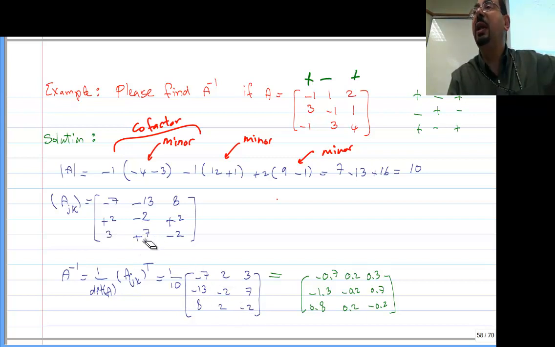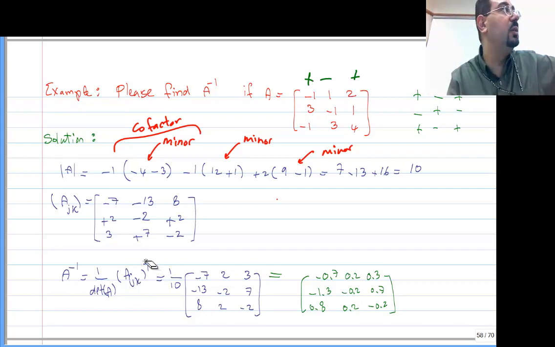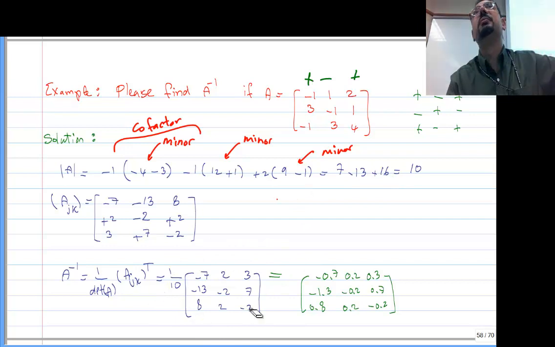But for example, A23 is now, sorry, that's A32. It becomes A23. So this one comes like this, this one comes like this. So this is the transpose of the cofactor matrix. And then we divide over the determinant, this number, the 10, the determinant of the whole thing, and you've got yourself your A inverse.